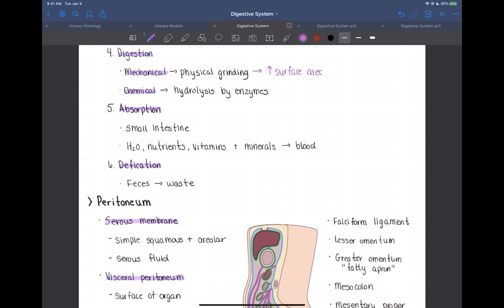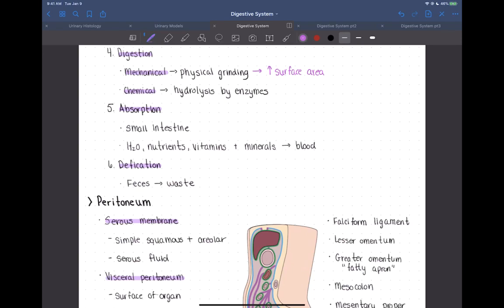All right, so you want to increase that surface area so that when the enzymes are introduced, there's a large surface area for them to work on to break down all those chemical bonds between our different macromolecules. Okay, and so then chemical digestion would now be from hydrolysis by enzymes.